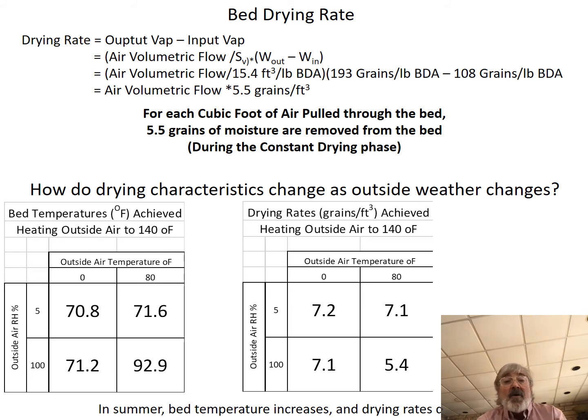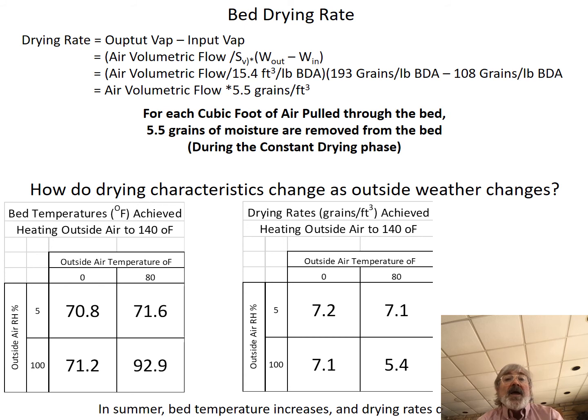That 10 hours at that 93 degrees temperature is enough to create precursors and give you a darker color malt. Why do we get darker malt in the summer versus the winter? That is one of the reasons why. The higher energy outside air, the higher humidity outside air, creates higher wet bulb temperatures during the constant rate period.